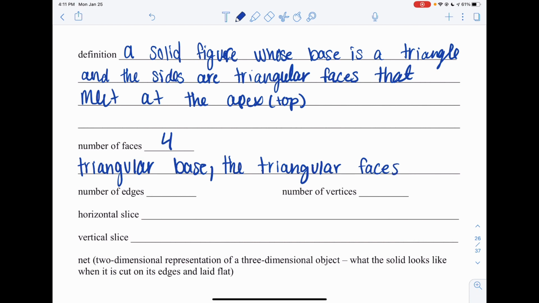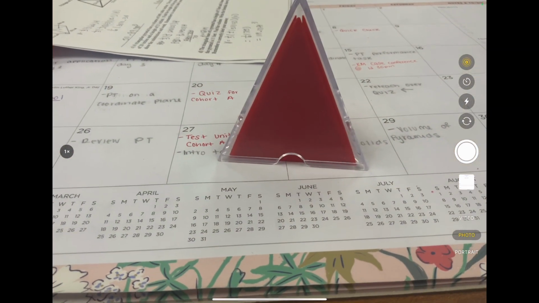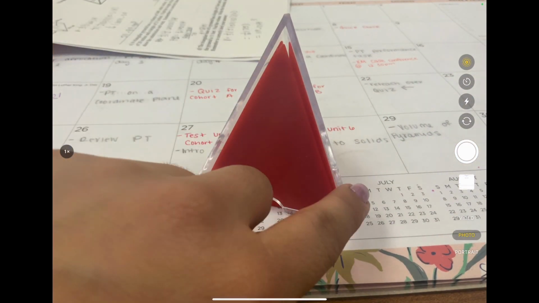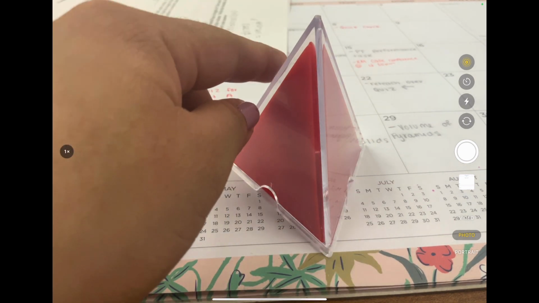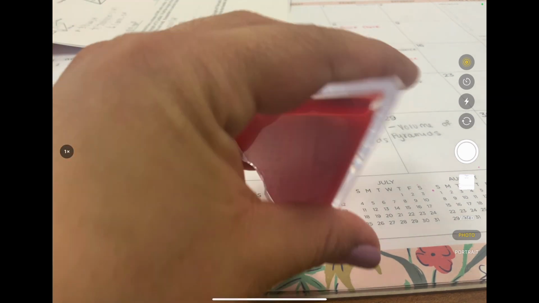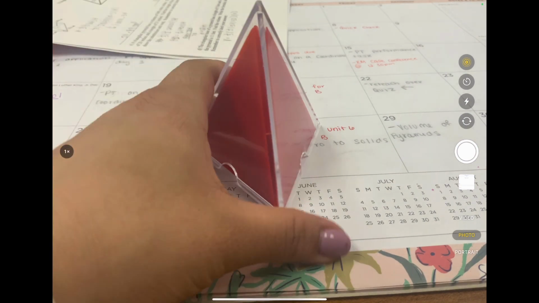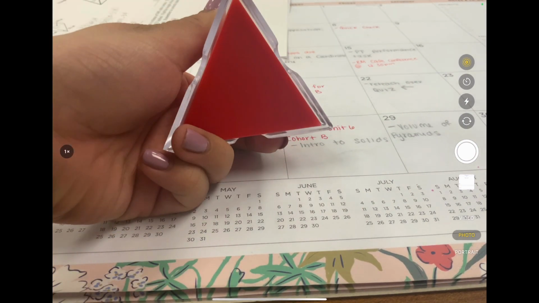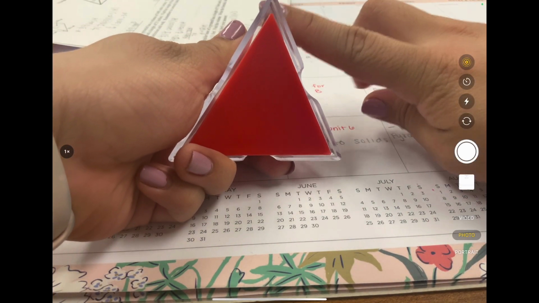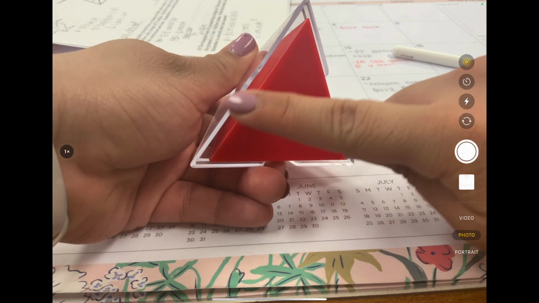Okay, now let's go ahead and take a look at the edges and the vertices. Remember that edges are going to be where 2 faces connect, which are these lines. So if I look, I have 1 line, I have 2, and then I have 3 right here, and the other side is flat, so there's not really another one. So I have 3 at the top, and if I look at the bottom, I have 1, 2, and 3.